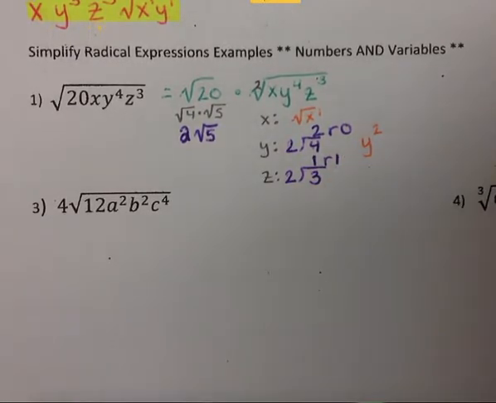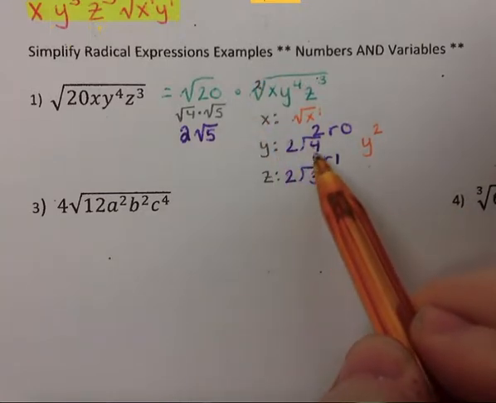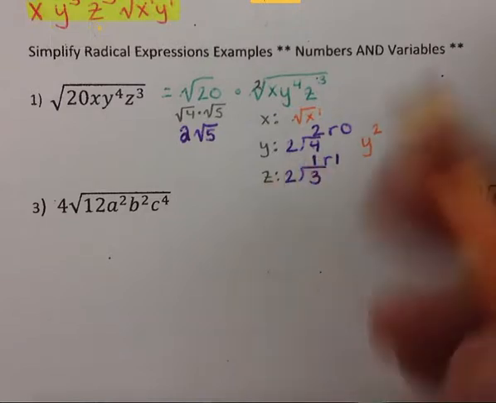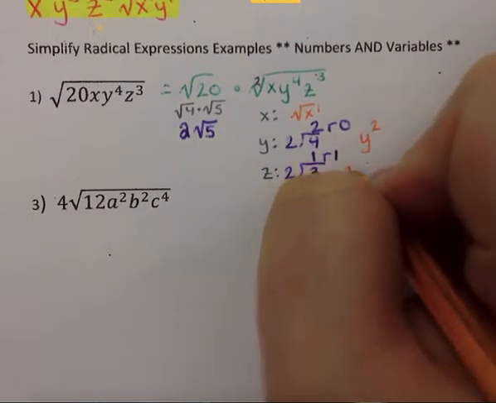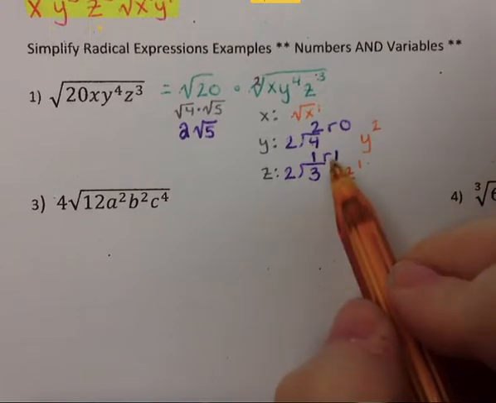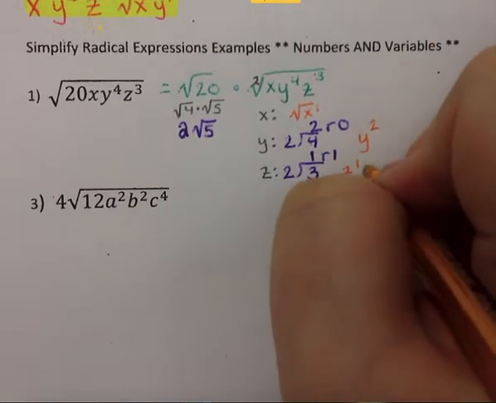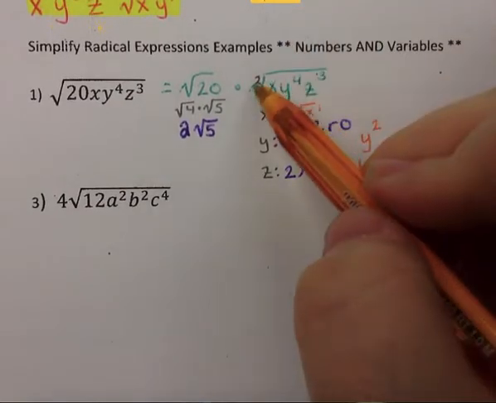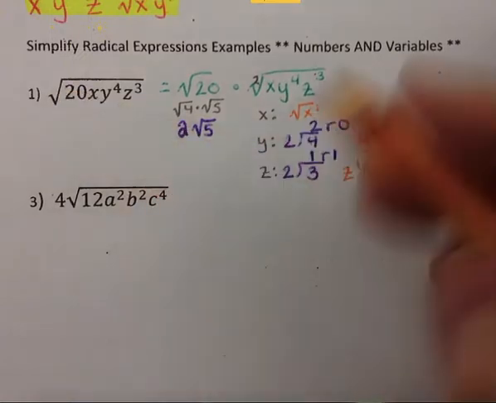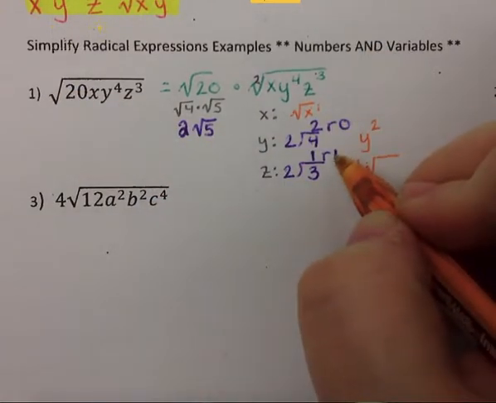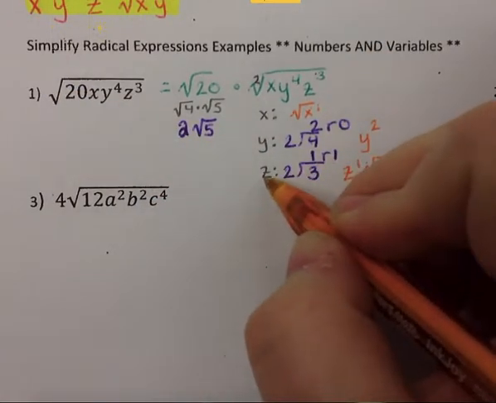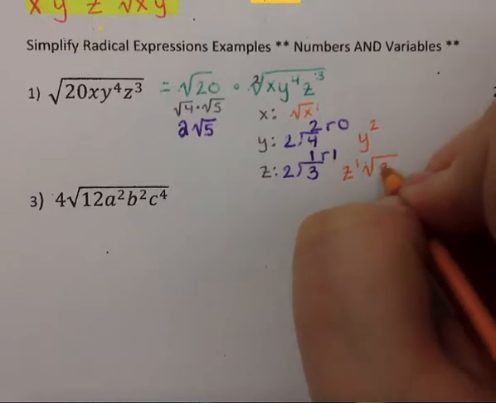So again, how many times it goes in there perfectly becomes the exponent of our coefficient of z. So I can have z to the first as a coefficient, but then I do have an exponent for my radicand. So that means I have to have a radical, and it has to still be the square root, because we originally started with the square root. I have an exponent on my radicand, which again is my z to the first power.